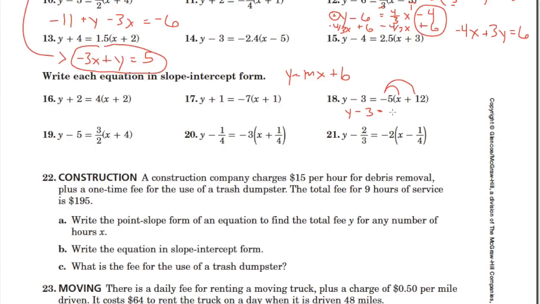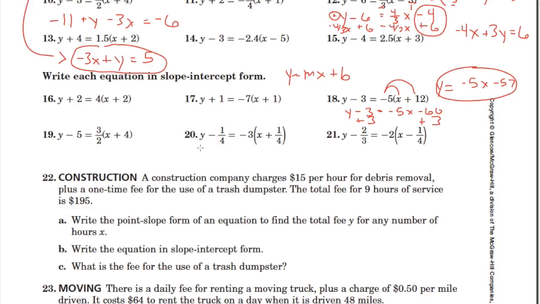Y minus 3 equals negative 5x minus 60. And in order to get y by itself in this one, all I have to do is add 3 to both sides. And I'm left with y equals negative 5x minus 57. So there's my final answer for number 18.